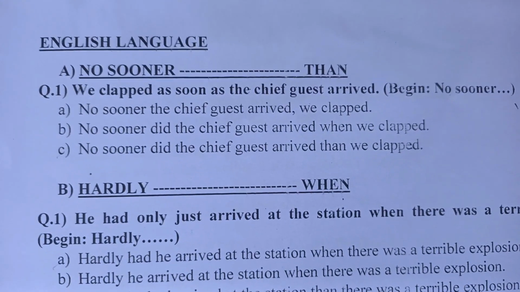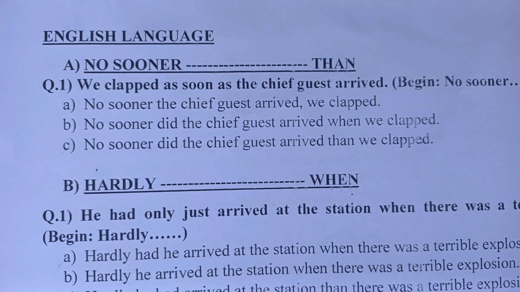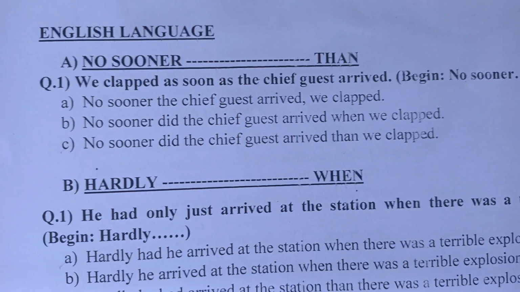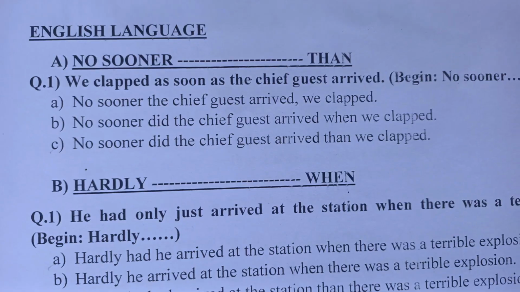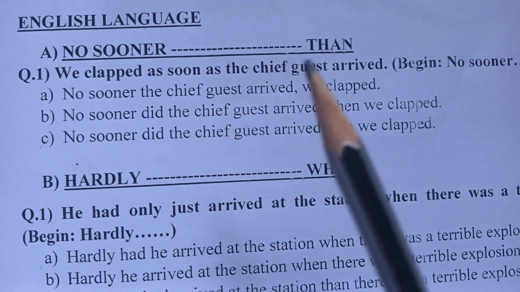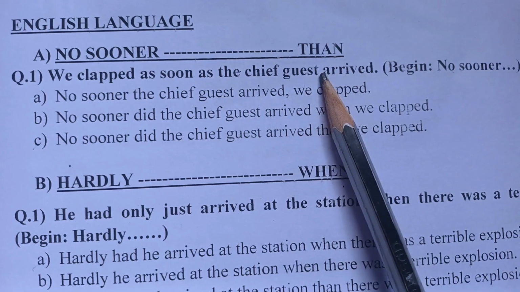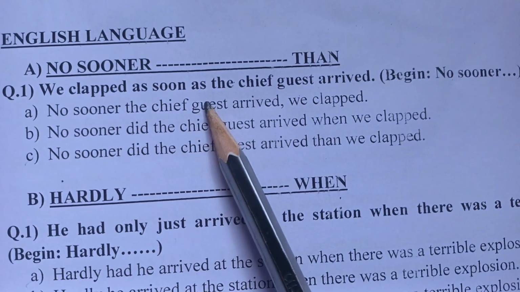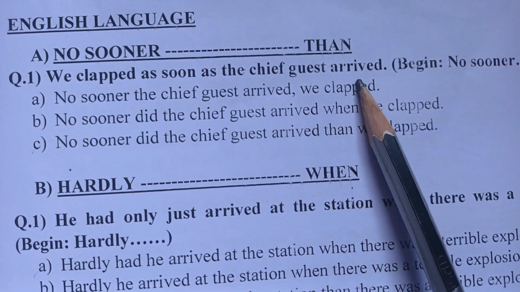So first we will try to analyze the sentence that begins with no sooner than. So remember, first of all, no sooner has to be followed by than. So here is the sentence: we clapped as soon as the chief guest arrived.